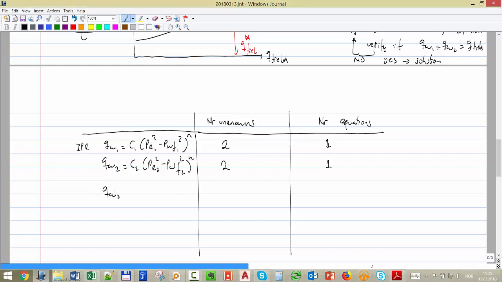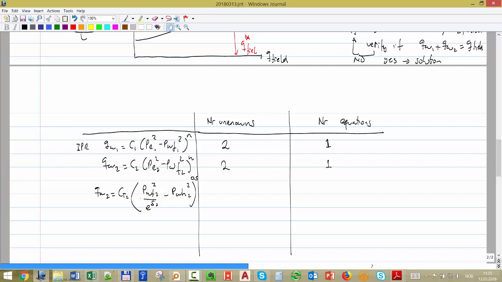The tubing equation, QL2 equals PWF2 over e to the s2 minus PWH2 squared, to the 0.5, and I have CT someplace here. Is that equation correct? I think so.